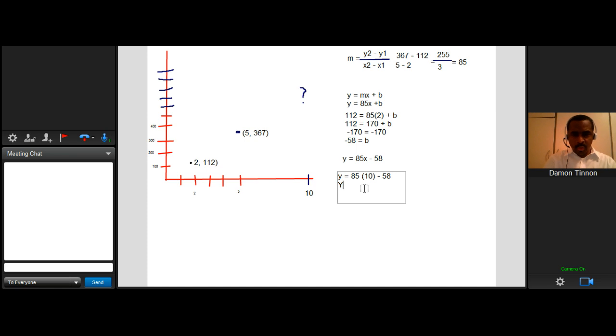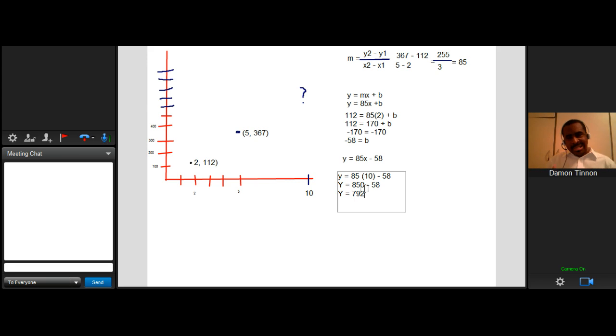And so y equals 850 minus 58, and then y equals 792. So 792 would be our answer.